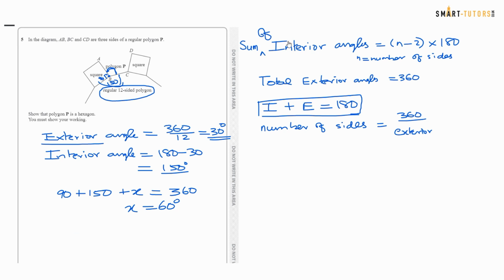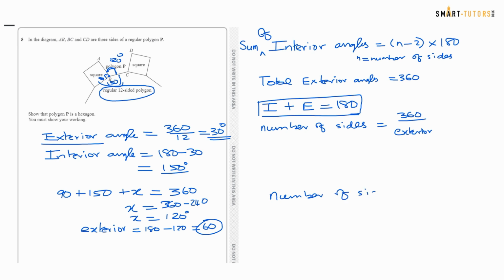So 90 plus 150 is 240. So 360 minus 240, which is x equals 120. So 120 means the interior angle is 120. So from that I can find the exterior, since exterior and interior add up to 180.